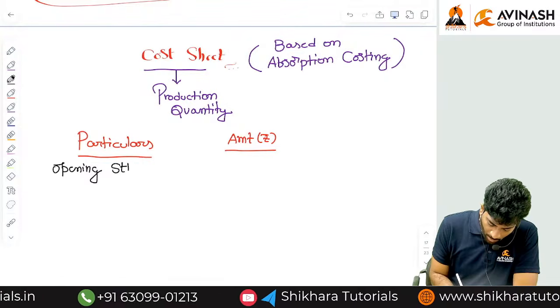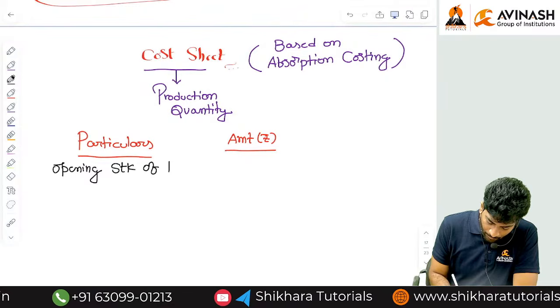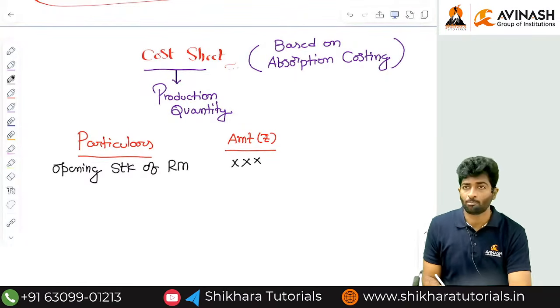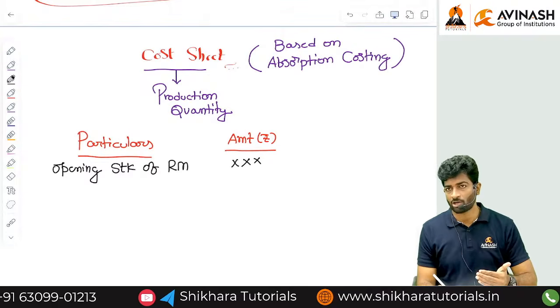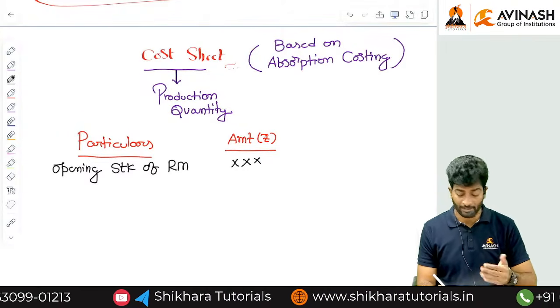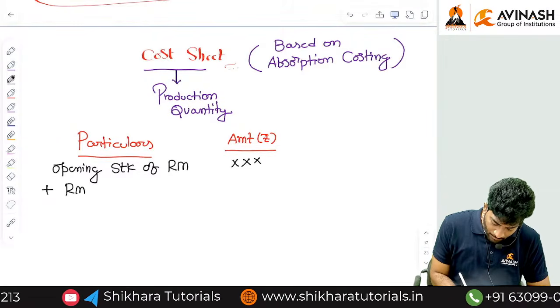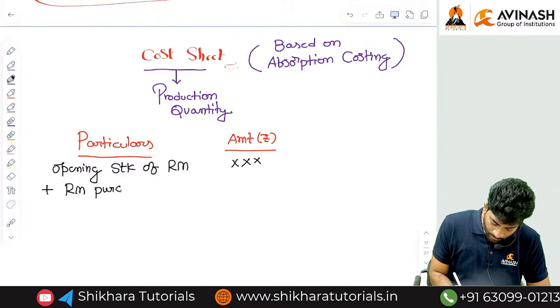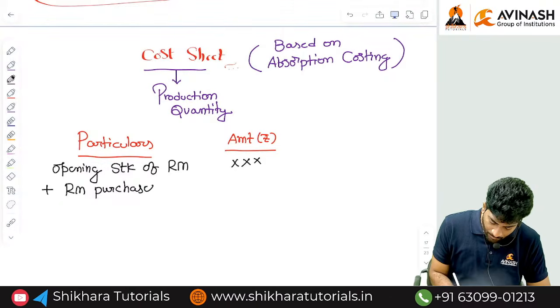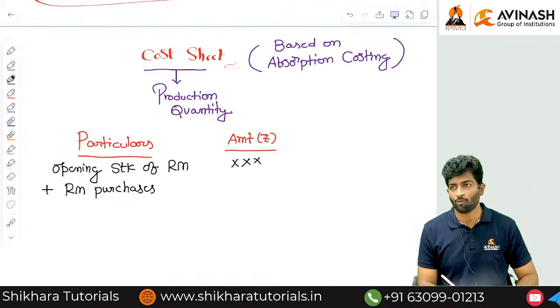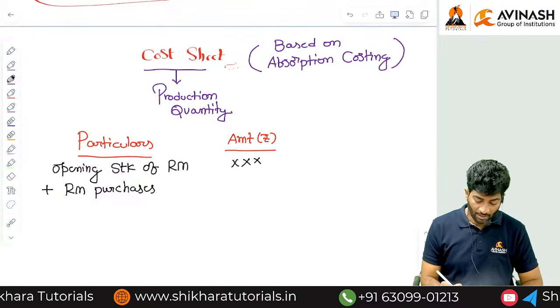Opening stock of raw material. This can be for 1 month, or the opening stock of a quarter or of a year. Opening stock of raw material plus raw material purchases during the period. That period can be 1 month, 6 months or 1 year.